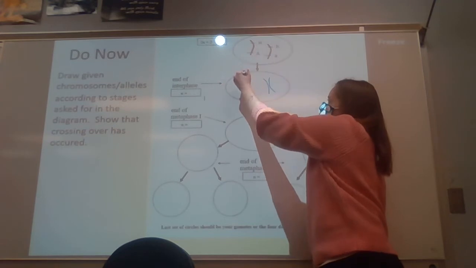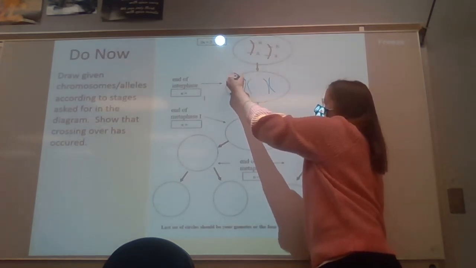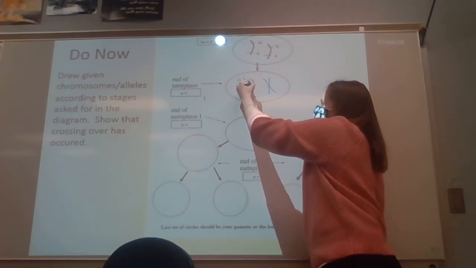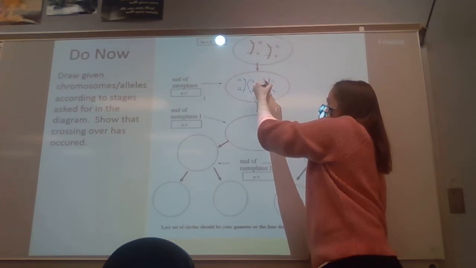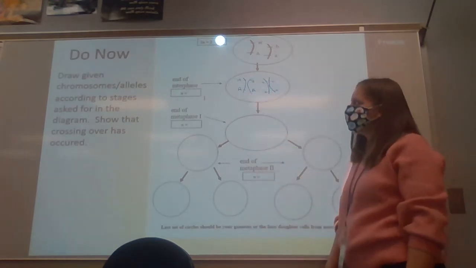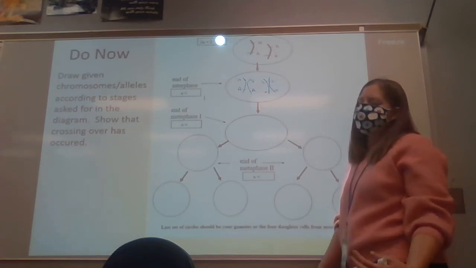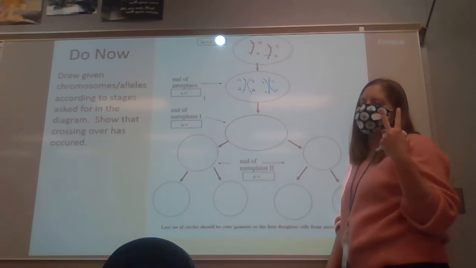So this chromosome that's replicated will have both of the dominant copies, right? And this chromosome that's replicated should have both of the recessive copies. So during interphase, our DNA is copied, right? So now each chromosome is replicated, and has two identical sister chromatids.